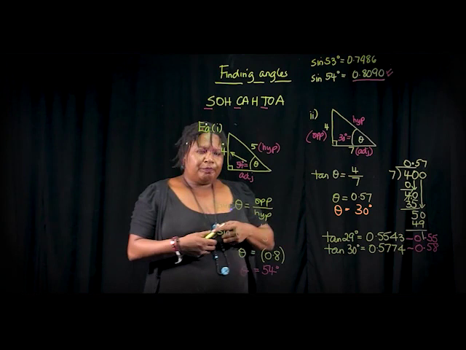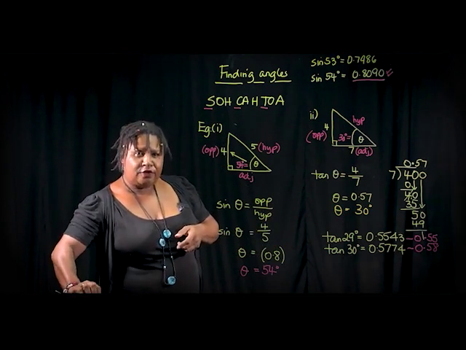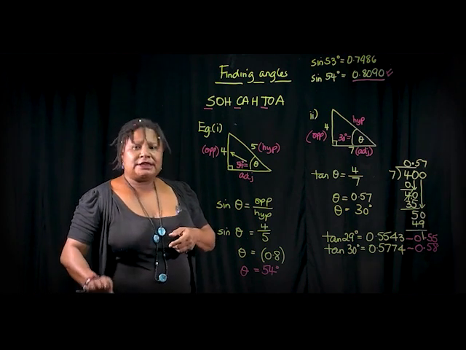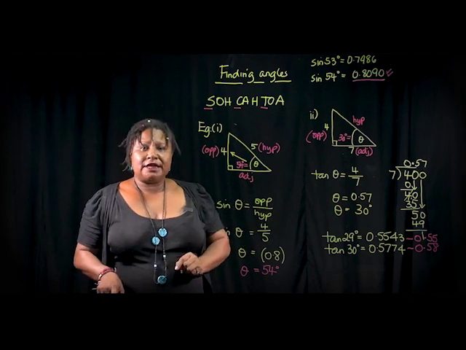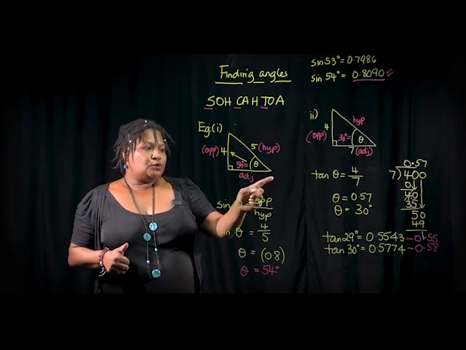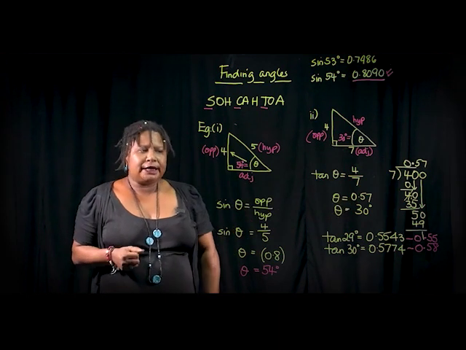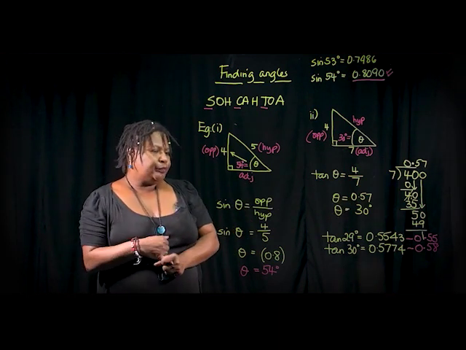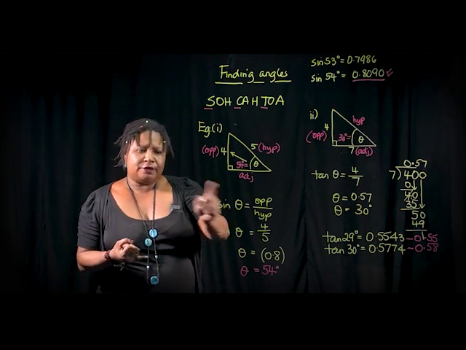Okay, so be very careful when you are identifying the correct angle. You must identify the angle which gives you the closest tangent value to what is in your answer up here. Okay? Now, you can do this with the sine ratio like we did here.